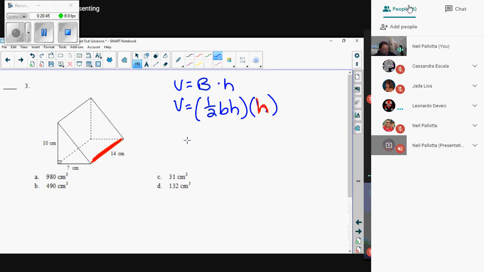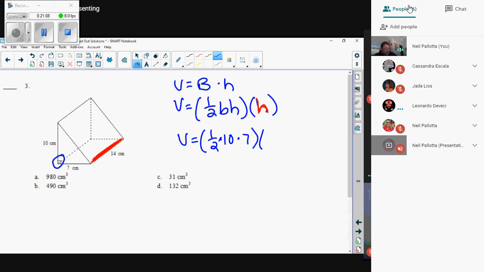So next step, volume's going to be equal to 1/2. We have base and height of the triangle. We try to locate that right angle symbol because those two segments that form the right angle tell you the base and the height of the triangle. So that's going to be 10 and 7 that we're going to use there. So it's 1/2 times 10 times 7.